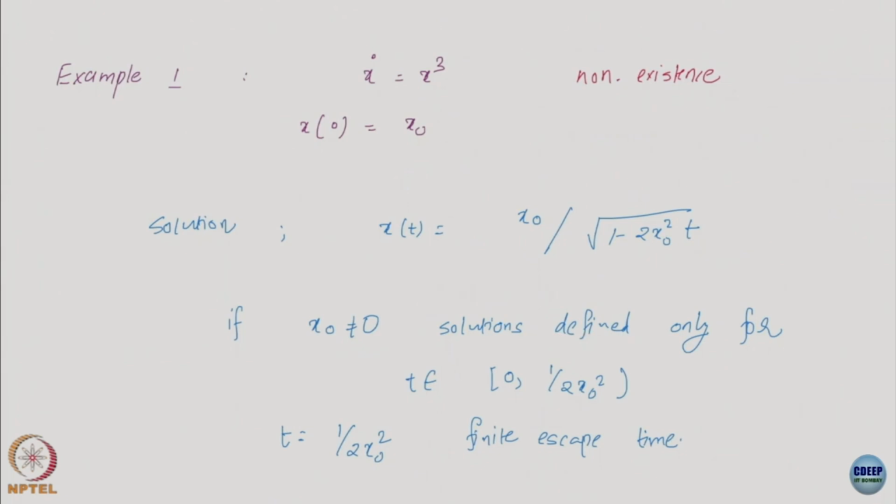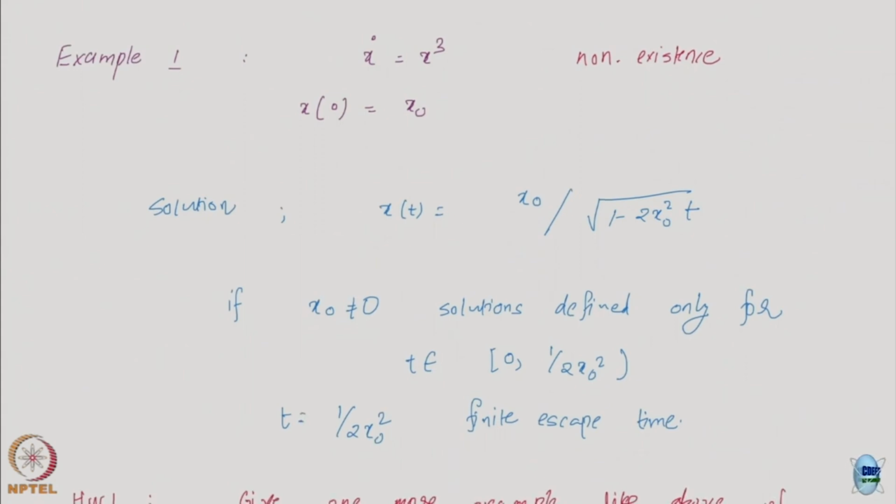things get messed up. A very odd thing happens: exactly at this time the solution is actually infinity, because this is exactly going to be 0, so I have an infinite jump. You can imagine that as t gets closer to this value, your solutions are going up, up, up and becoming very large numbers.